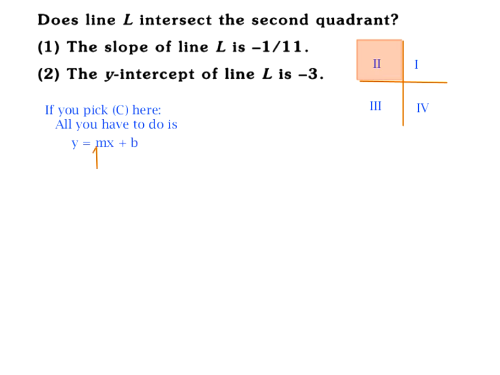If you pick C, all you are doing is saying, look, man, statement 1 gives me this. And then you're saying statement 2 gives me the other thing, which is the B. And then you're saying I have the line. So yeah, not really going to be how this works, right? So you're saying statement 2 gives me this.